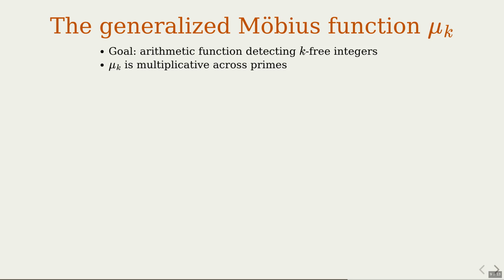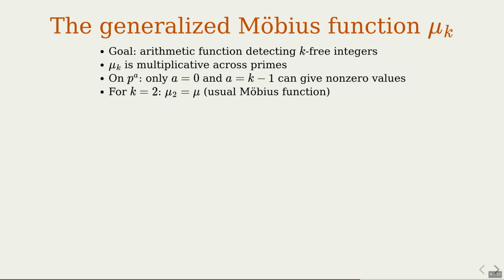on prime powers. It turns out that on a prime power, the generalized Möbius function is non-zero only at exponent 0 and exponent k-1. In the k equals 2 case, this recipe should collapse back to the classical Möbius values on primes and their squares.